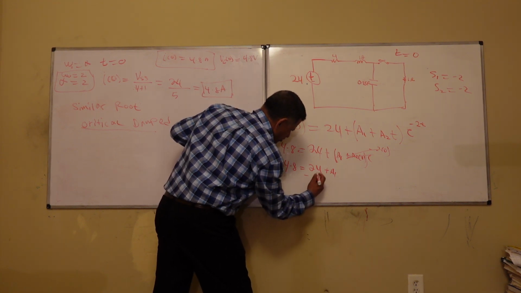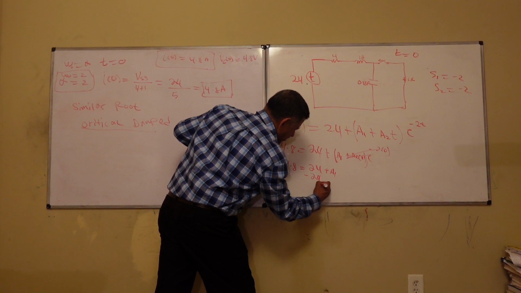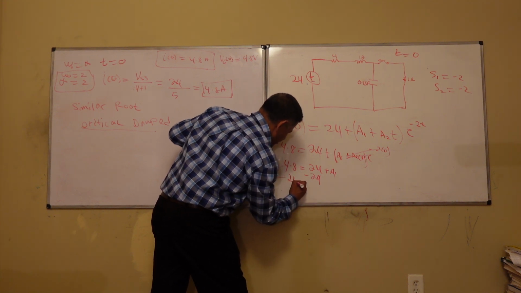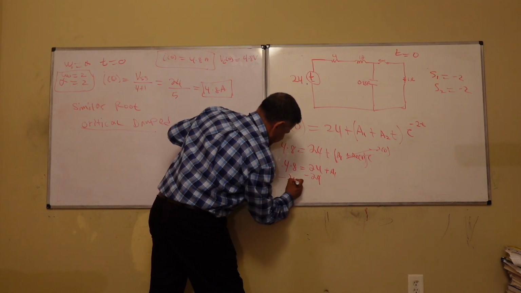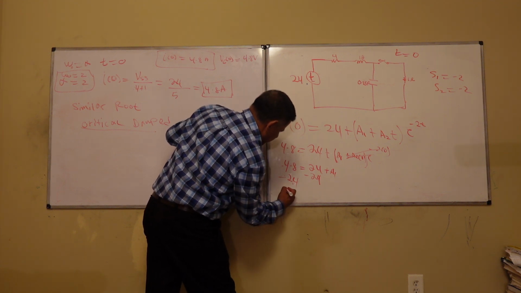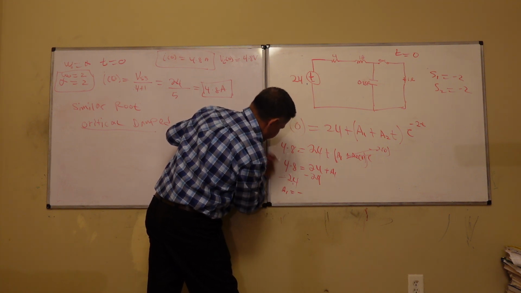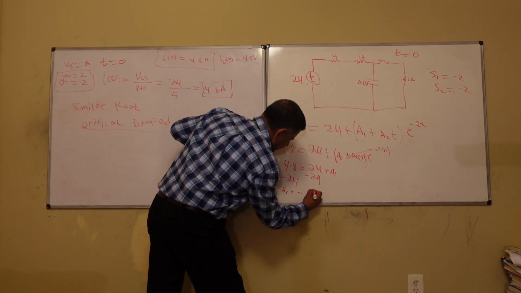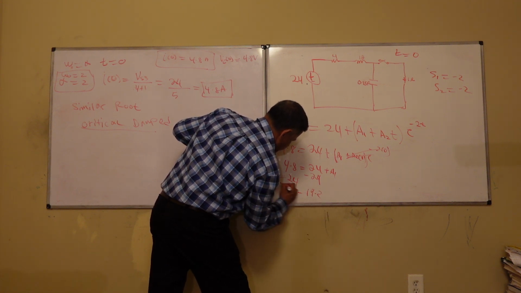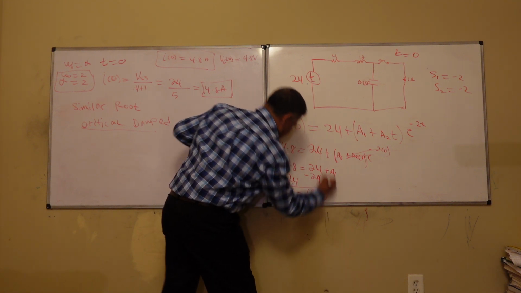Now, you subtract 24, and we get that A1 is equal to negative 19.2. That is the value of A1 right there.